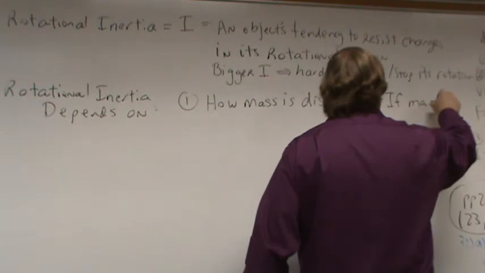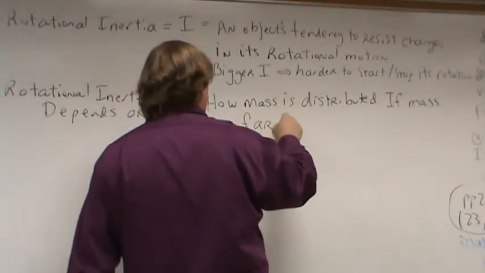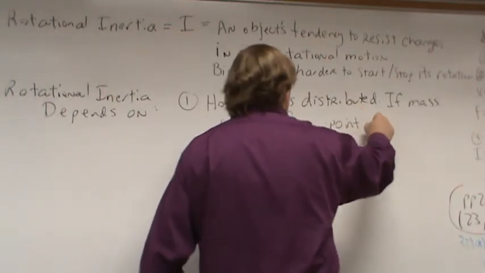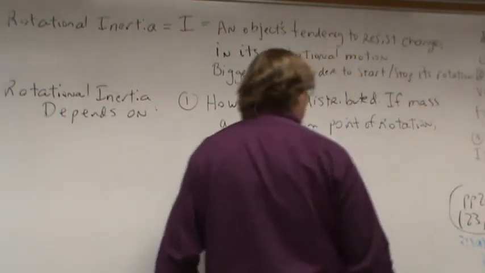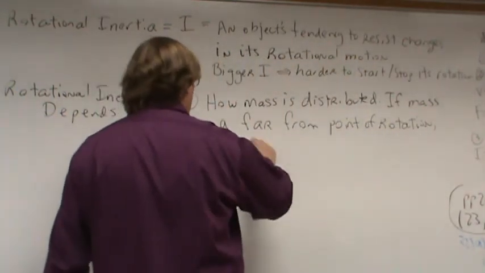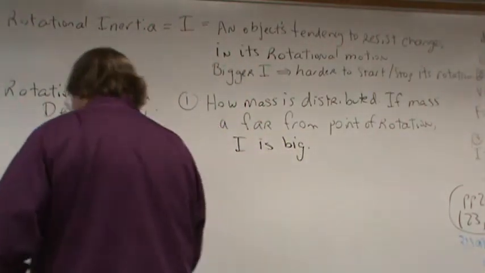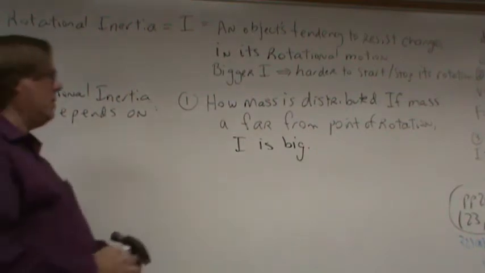If mass is far from the point of rotation, I is big. Now I'm going to use a different color for the next one.